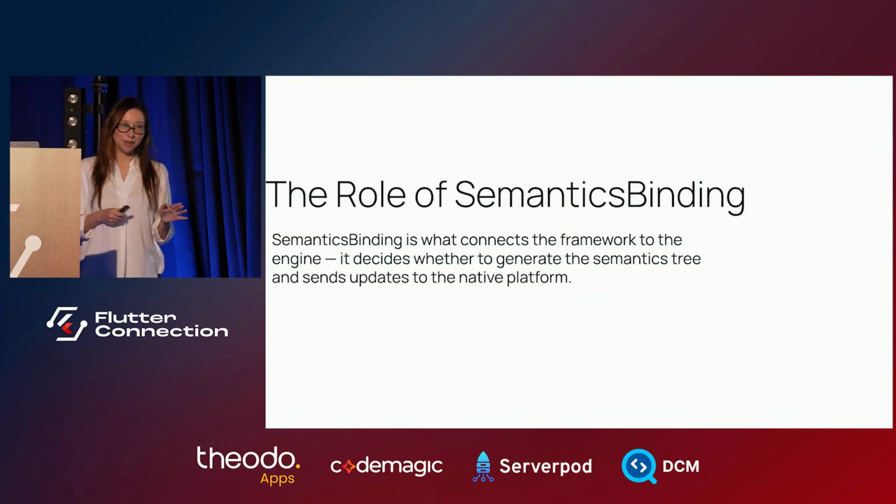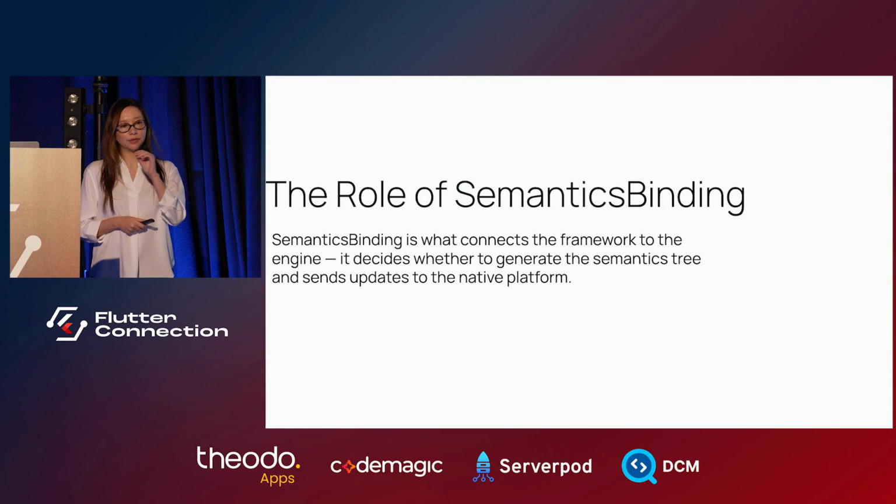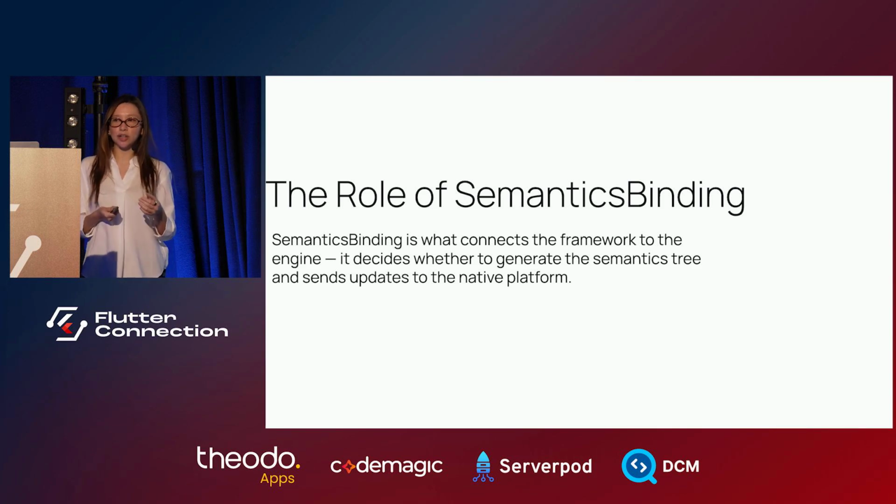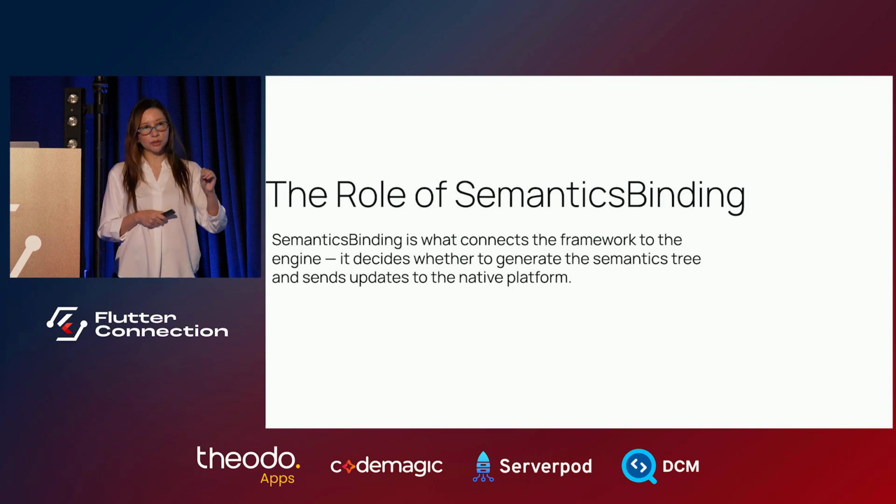Or rather, it prepares the update, because sending the updates is the role of the semantics binding, which we will talk about now, and which acts like a bridge between the Flutter UI and the engine. It basically checks first if accessibility is enabled. If you have turned on accessibility services for Flutter Web, you will notice that there's an accessibility button.